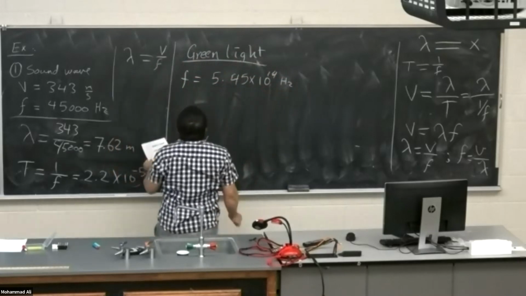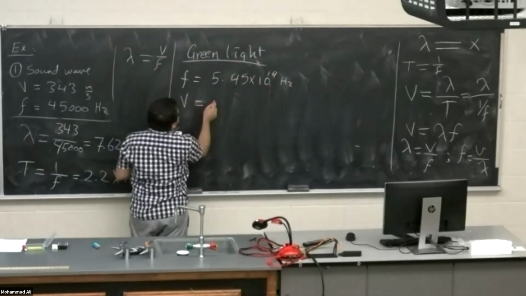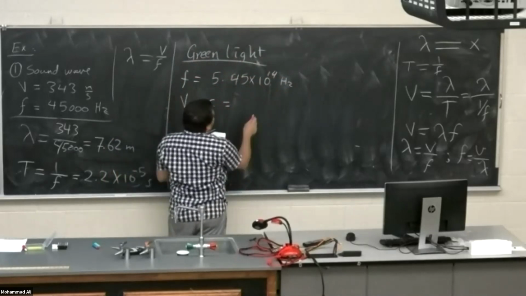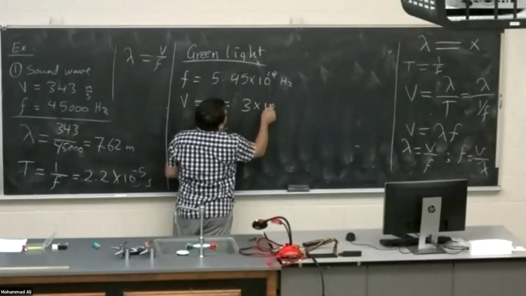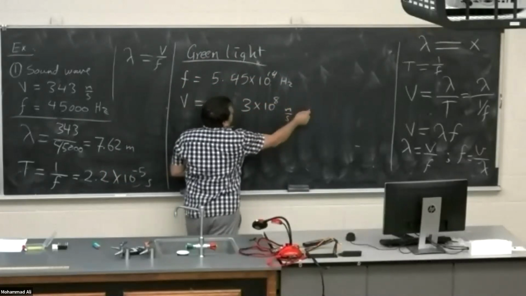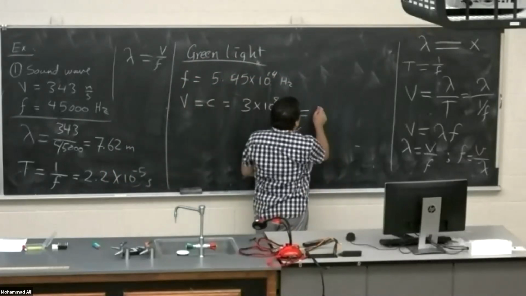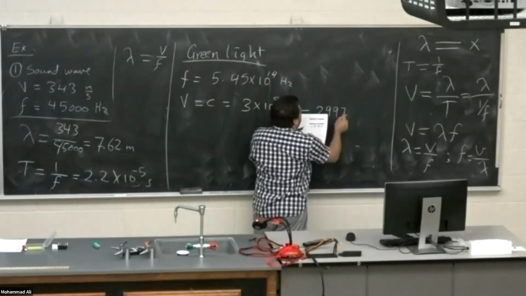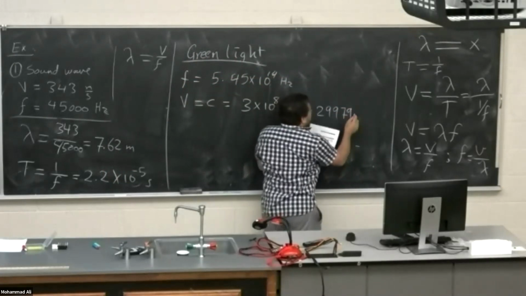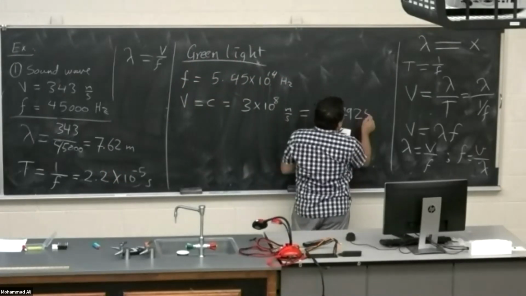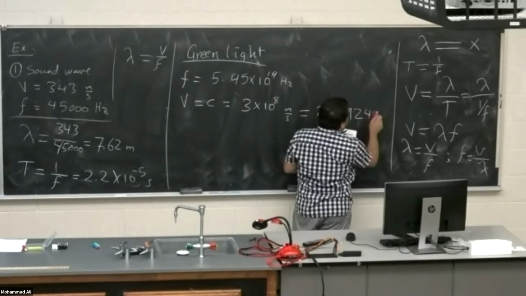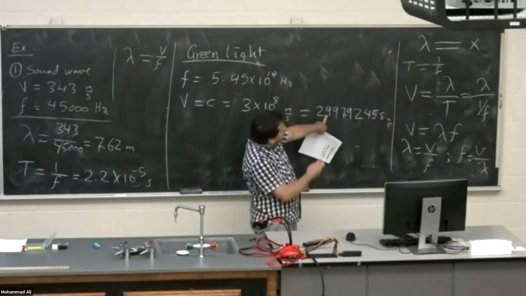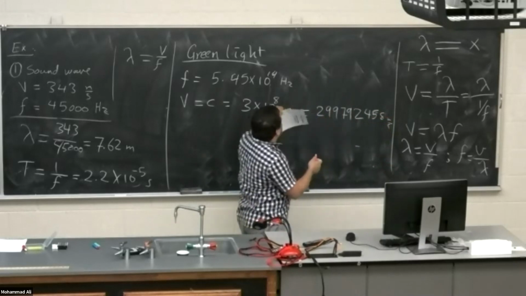And the velocity is the speed of light, which sometimes we write as 3 multiplied by 10 to 8 meters per second, but actually it is 299,792,458 meters per second. It is 2.9979 multiplied by 10 to 8.